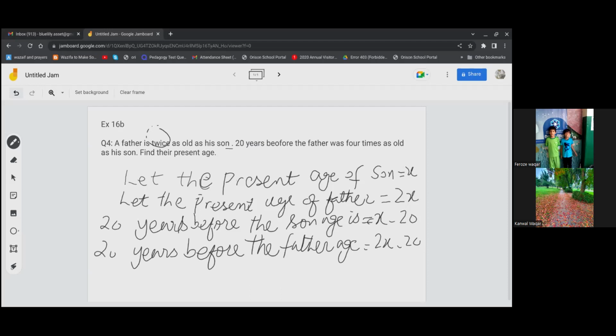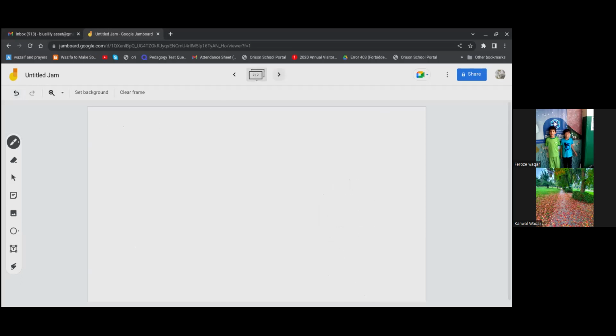Then according to the given condition, we will say that 20 years before, the age of father was 4 times as old as his son.